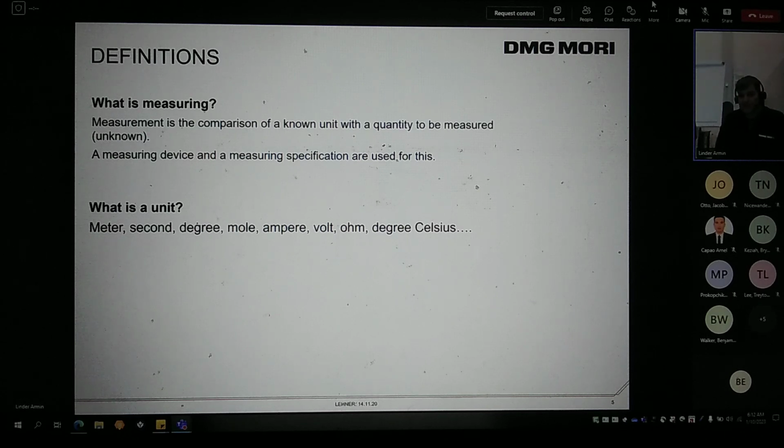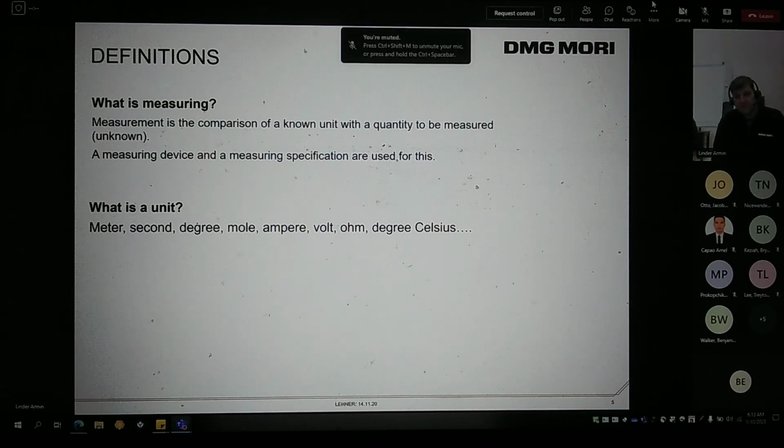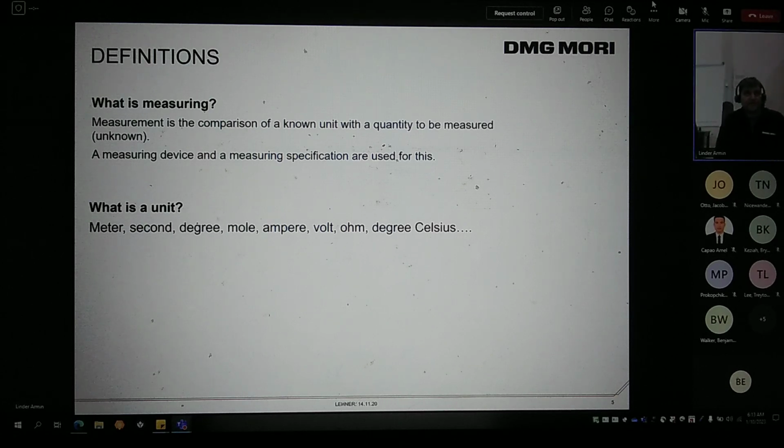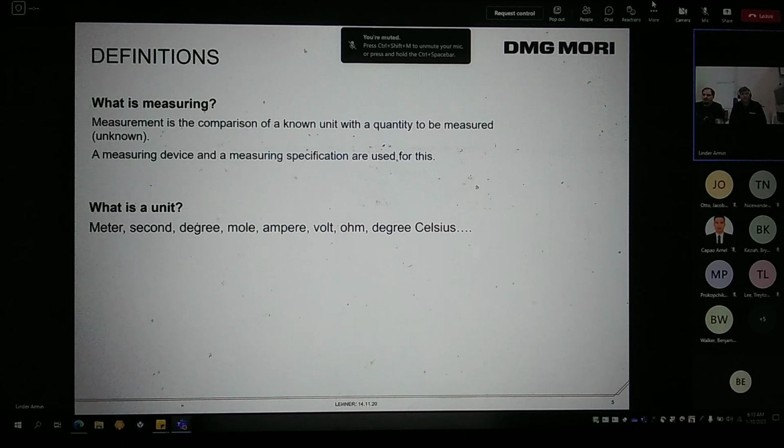I think basically in the US you measure with yards or feet. But in our case we use the metric system. We measure in meters, in seconds, degrees. But you can also have units for electrical results, with ampere, volt, ohm.